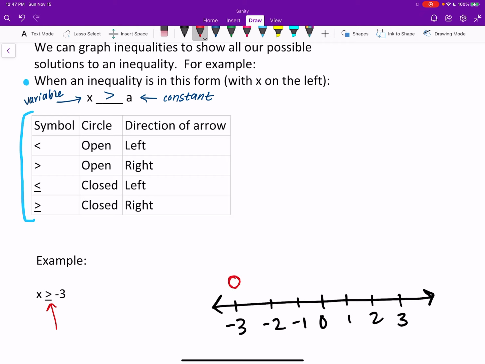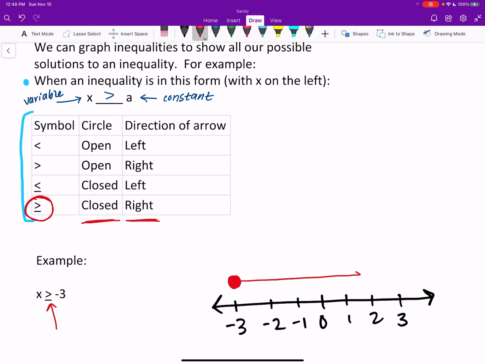Since it is a greater than or equal to, the table says that I need a closed circle, and my arrow is going to be pointing to the right. So I'm going to put that circle above negative 3, fill it in to show that it is a closed circle, and then draw my arrow pointing to the right.